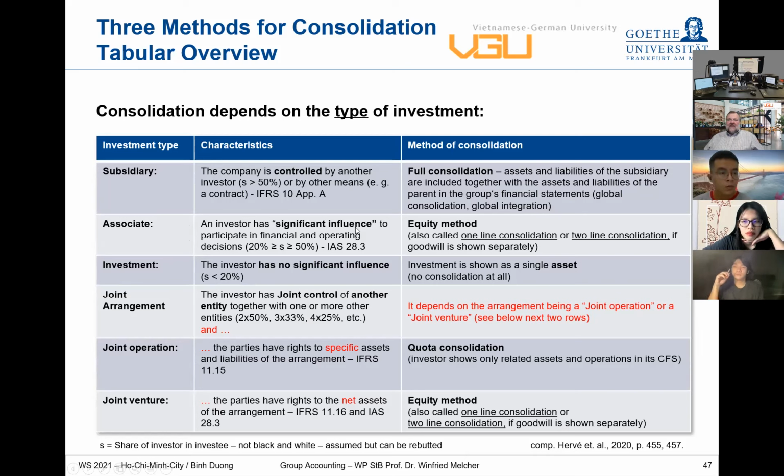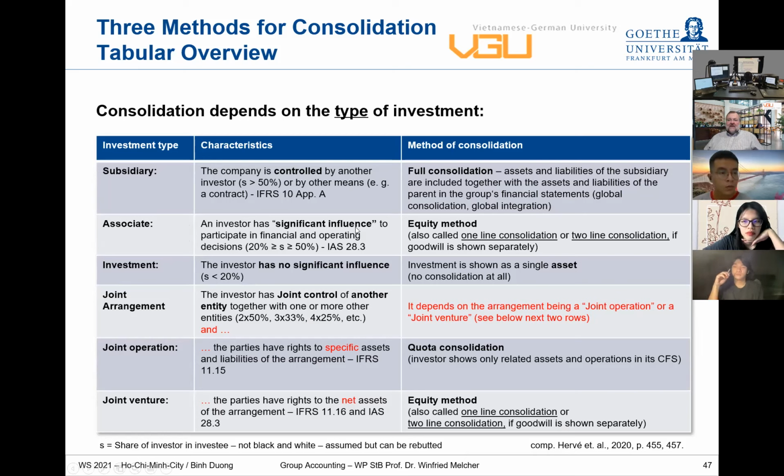So here we have the explanation under VAS, what is a subsidiary? Subsidiaries are those entities in which the group has control over the financial and operating policies, generally evidenced by holding more than half of the voting rights, so more than 50% of the voting rights.